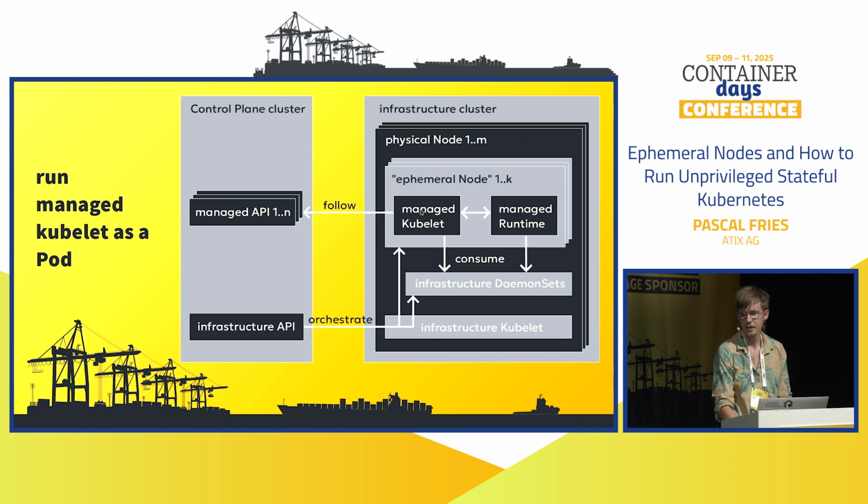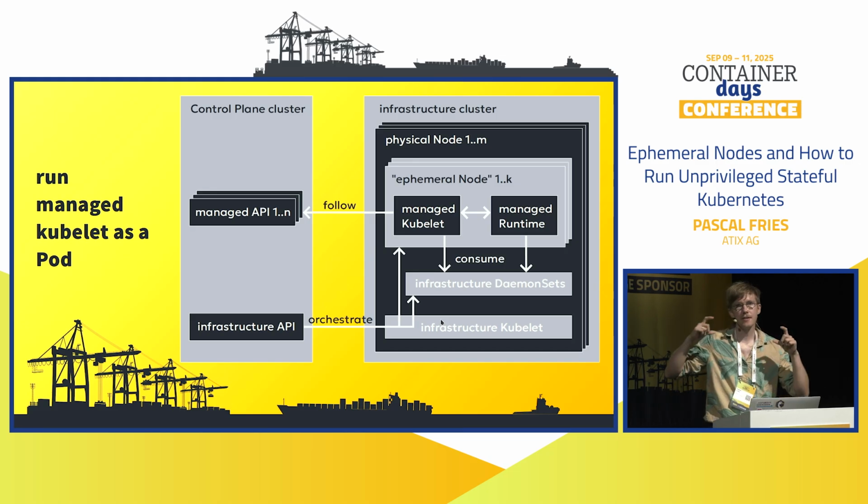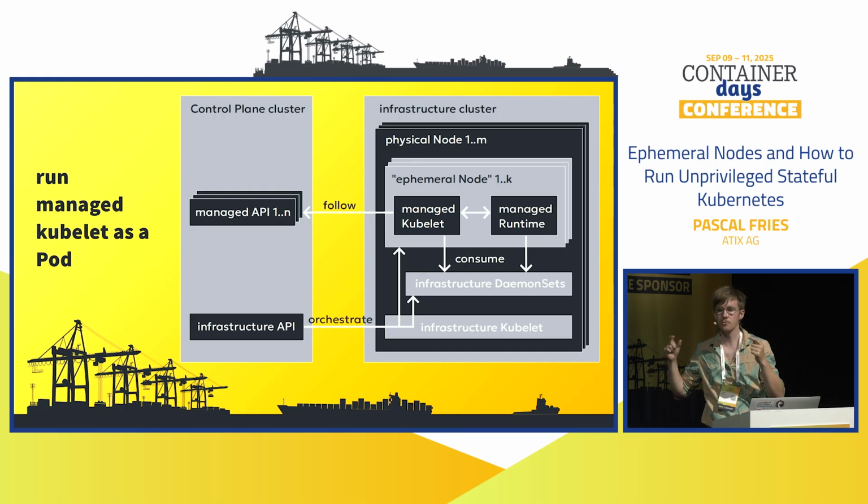In that infrastructure cluster, we have just plain old physical nodes. And on that plain old physical node, there's an infrastructure kubelet, the standard kubelet, the usual one. In that infrastructure cluster, we deploy our infrastructure daemon sets. That's great. Now, what do we do? We run kubelet and ContainerD, CRI-O, or any container runtime inside a pod. That's what I called an ephemeral node here.